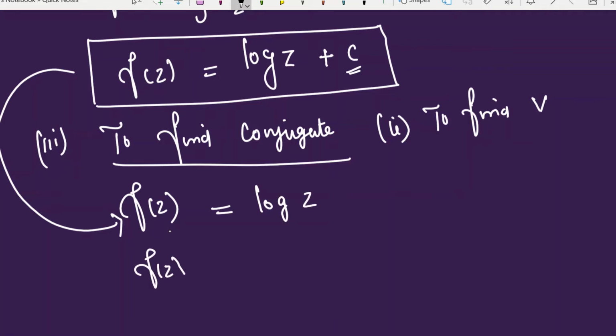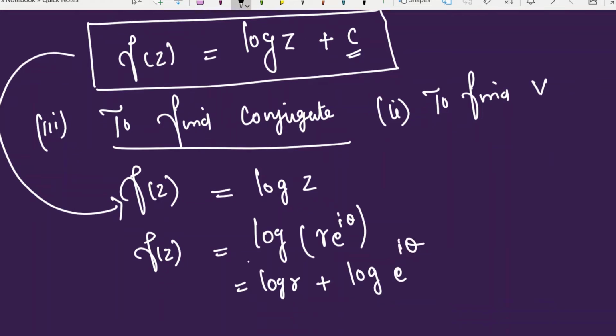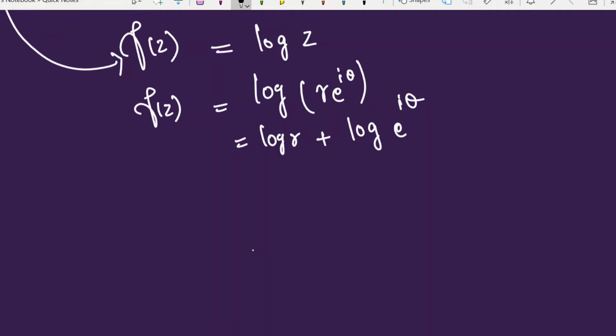I am going to calculate the imaginary part, that is v. I am taking z in polar form. The value of z in polar form is r e power i theta. Now log r plus log e power i theta. The logarithmic term and exponential term get cancelled, leaving i into theta.